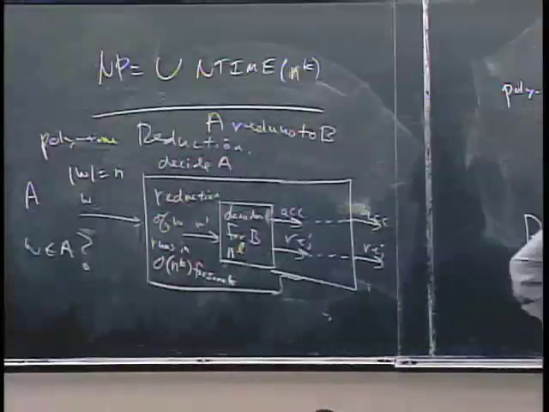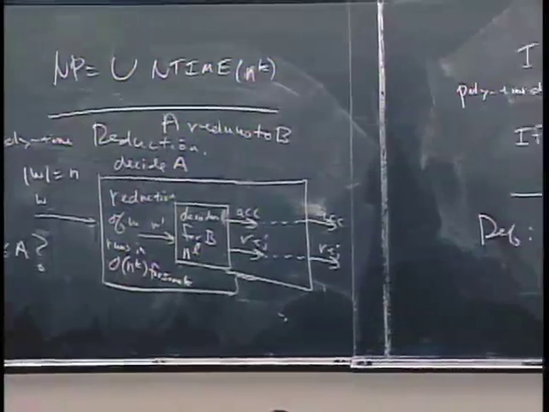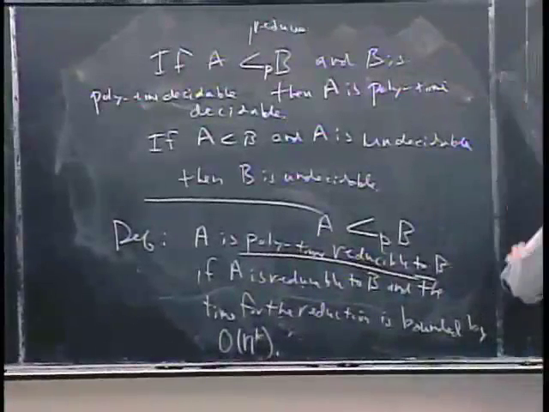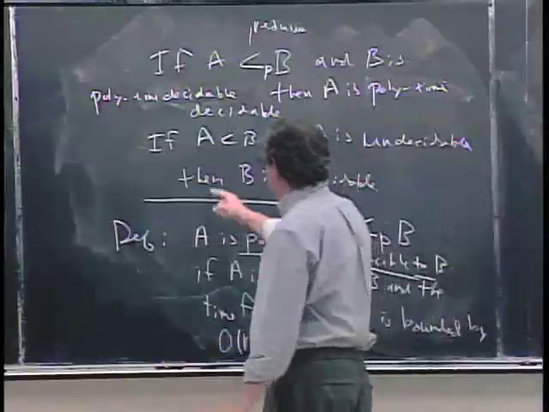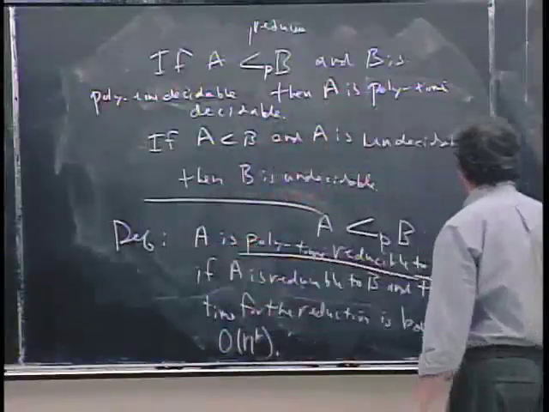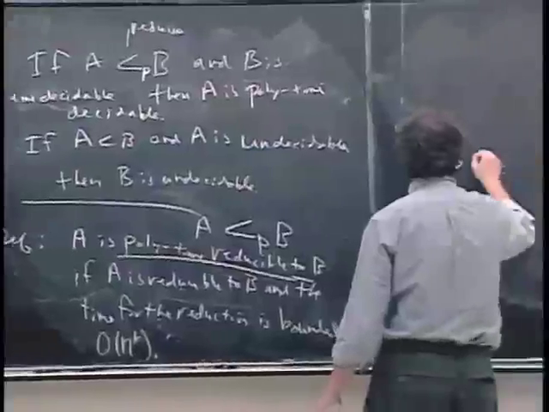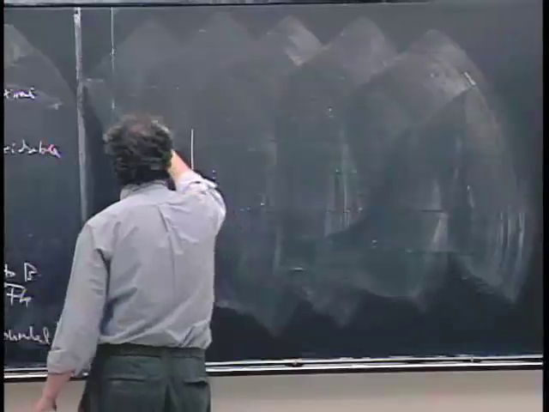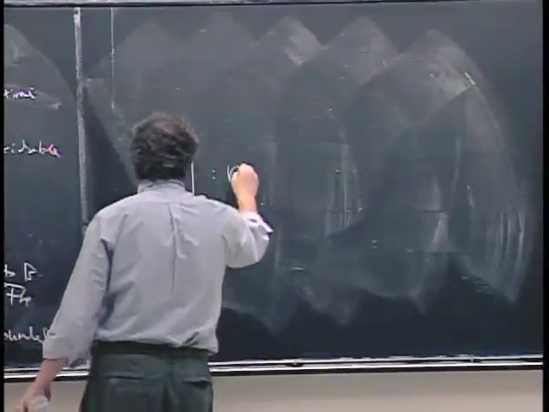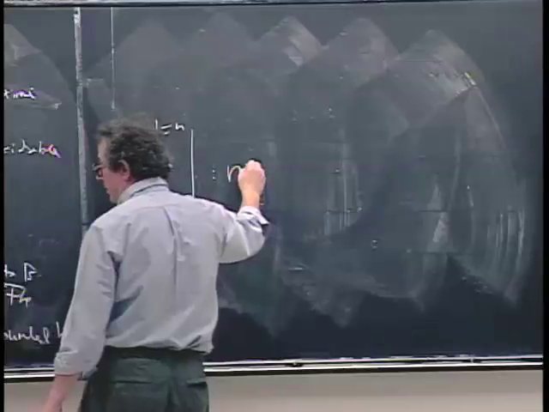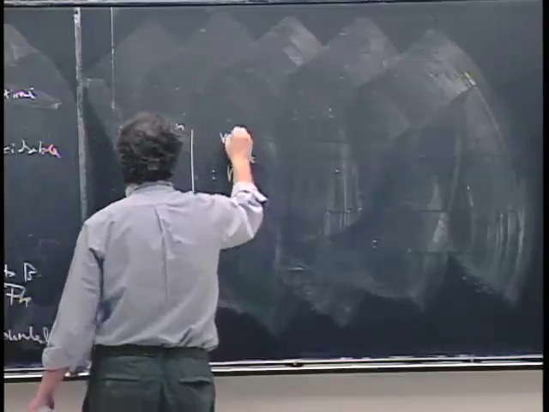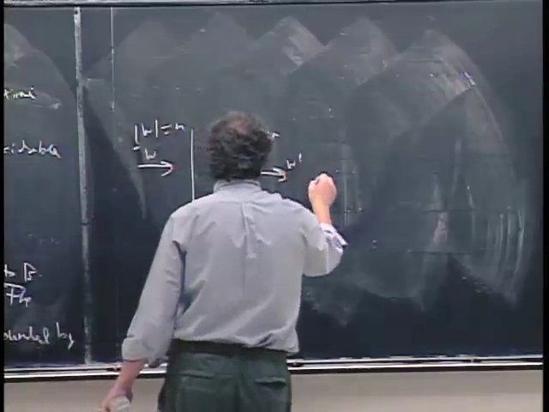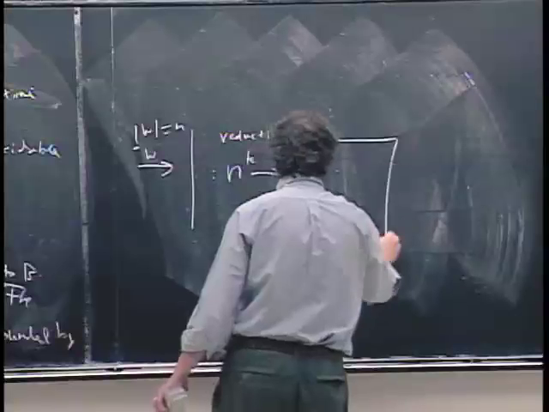So what's the time bound for the decider for A? The decider for A uses at most n to the k for the reduction. It produces a W prime, which goes into the decider for B.